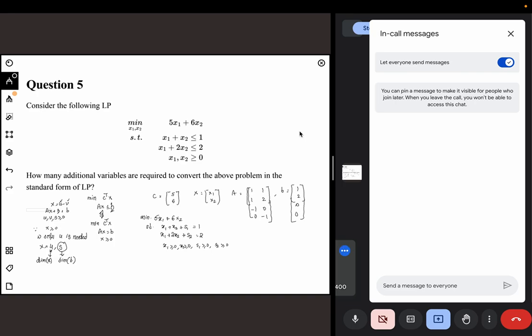So now we can see this. This extra part I can remove here because it is already there in the standard form.